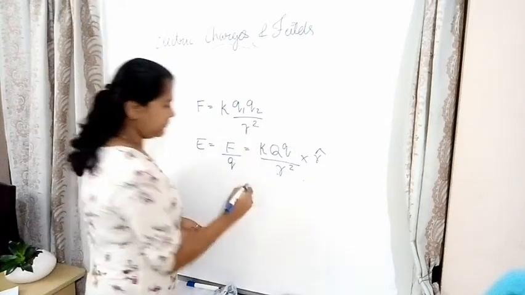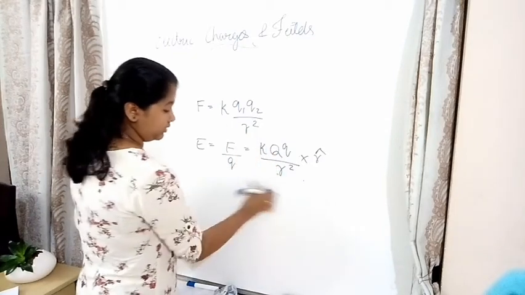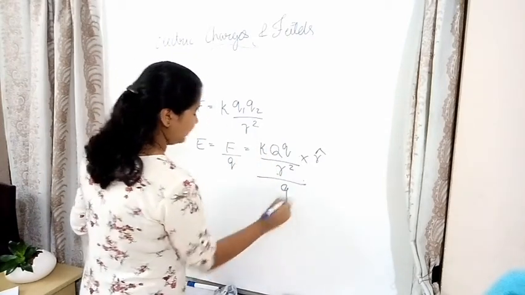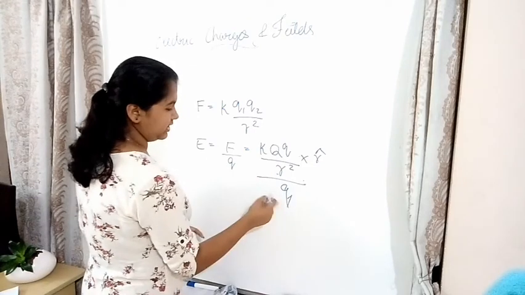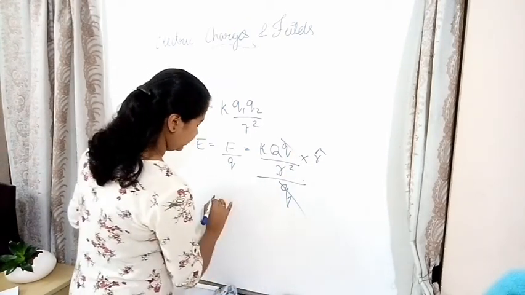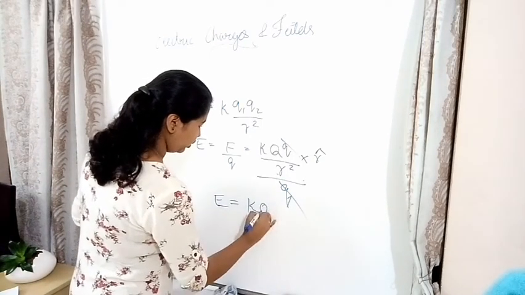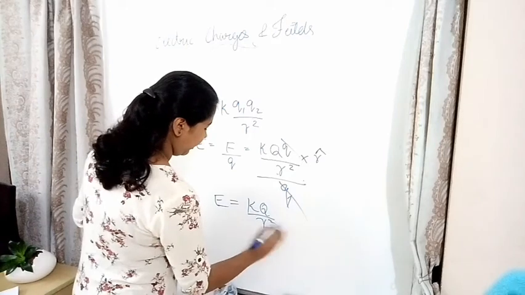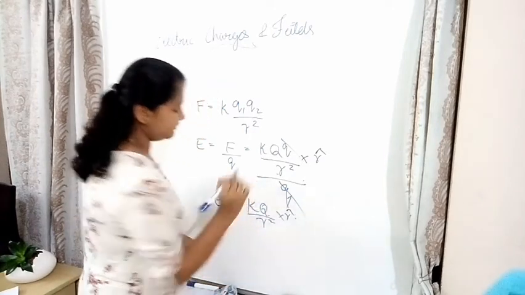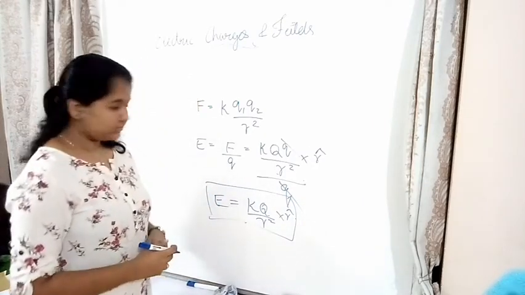So this is R cap, and this is the equation for F. Now divided by q, we have a q over here, and this q and this q get cancelled. Now what is the equation? E, the electric field, is equal to K Q divided by R square into R cap. So this is the equation for electric field. Okay.